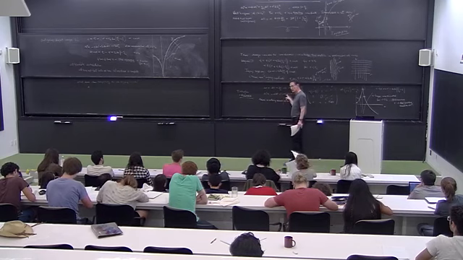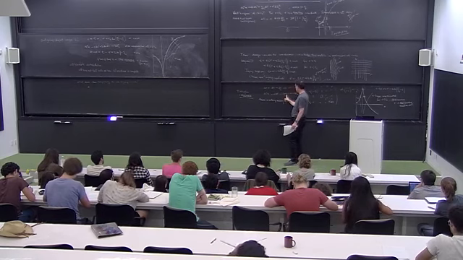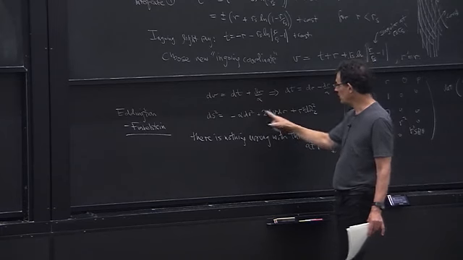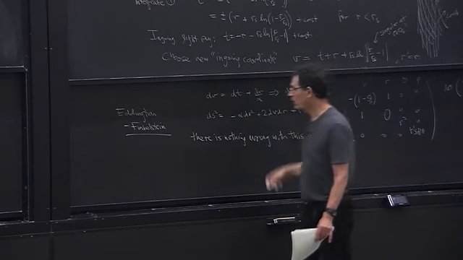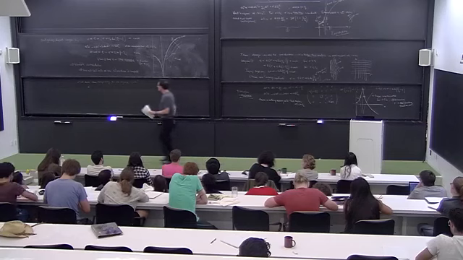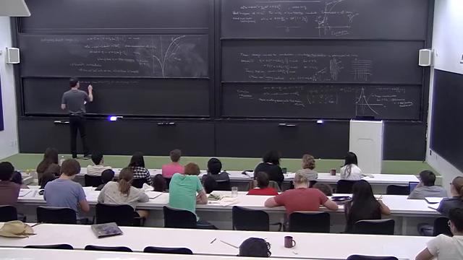That's a null trajectory, right? But you can easily see that there's another way to get a null trajectory, which is that dv is 2 dr over alpha. There's a second null trajectory.